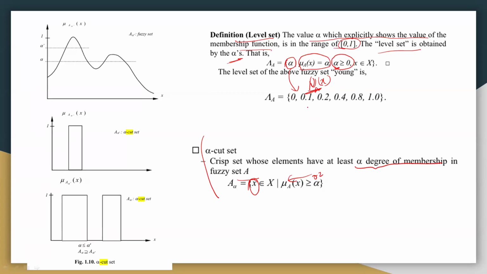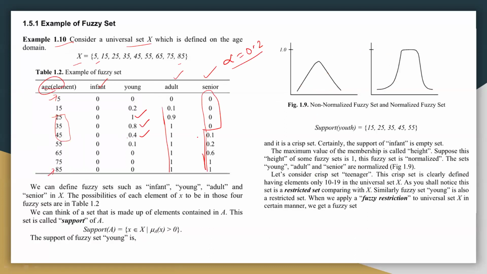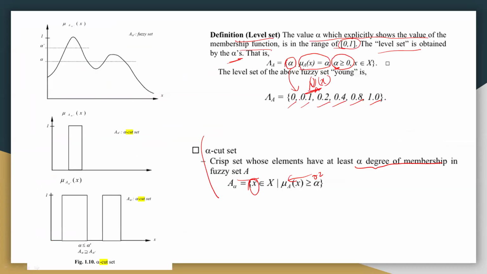That is the basic meaning of this. We had an alpha value 0, we had 0.1, 0.2, 0.4, 0.8, and 1. Look at this table. Those are the values that we have in the young set. We had 0.2, 0, 0.8, 0.4, 0.1, and so on. So what are the different possibilities?